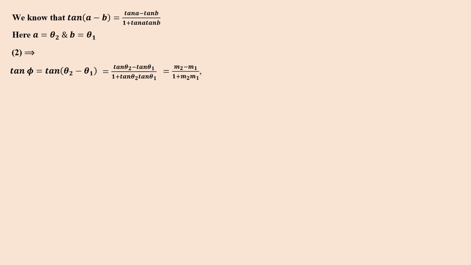So we know from equation 1, this is m2 minus m1 by 1 plus m2 m1, where 1 plus m2 m1 is not equal to 0. If it is equal to 0, this is undefined, right? Anything by 0 is infinite. That is why this value exists only if 1 plus m2 m1 is not equal to 0.